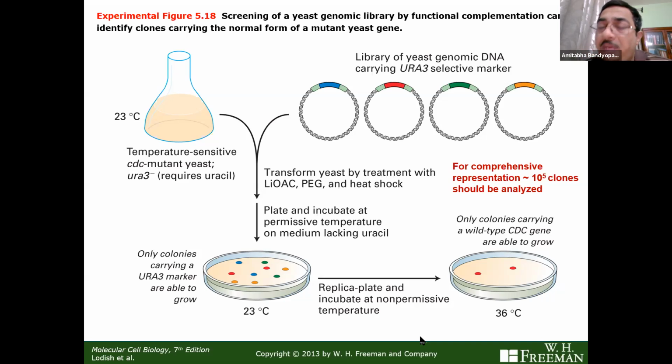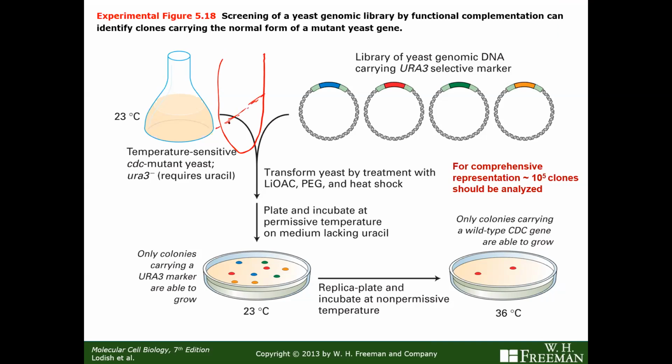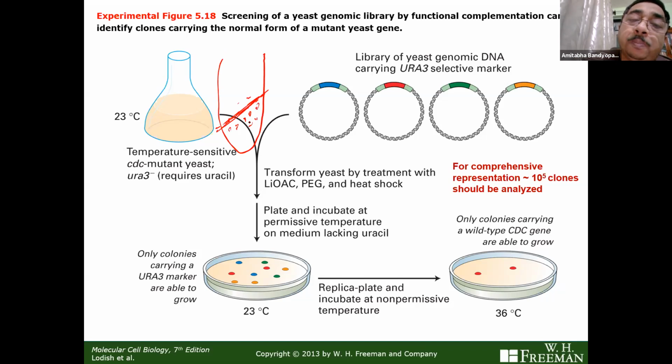You just imagine for the time being that you have an Eppendorf tube, 1.5 ml tube, within which there is a liquid, within which there are many plasmids, billions of them. It's a collection.